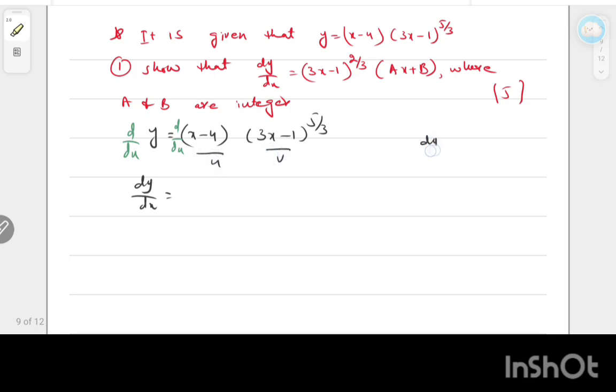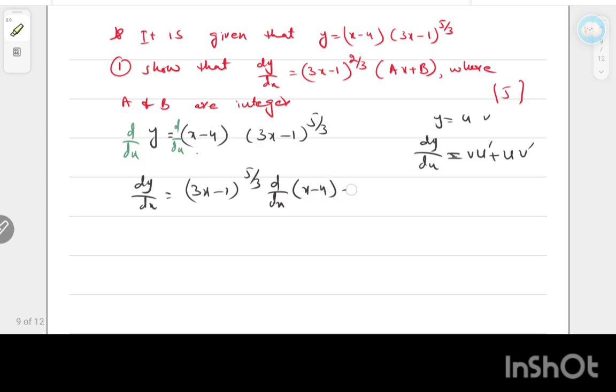If y equals u times v, the derivative is v times the derivative of u, plus u times the derivative of v, very simple. First we write our v part, (3x minus 1) power 5 by 3, times the derivative of the first term, x minus 4.